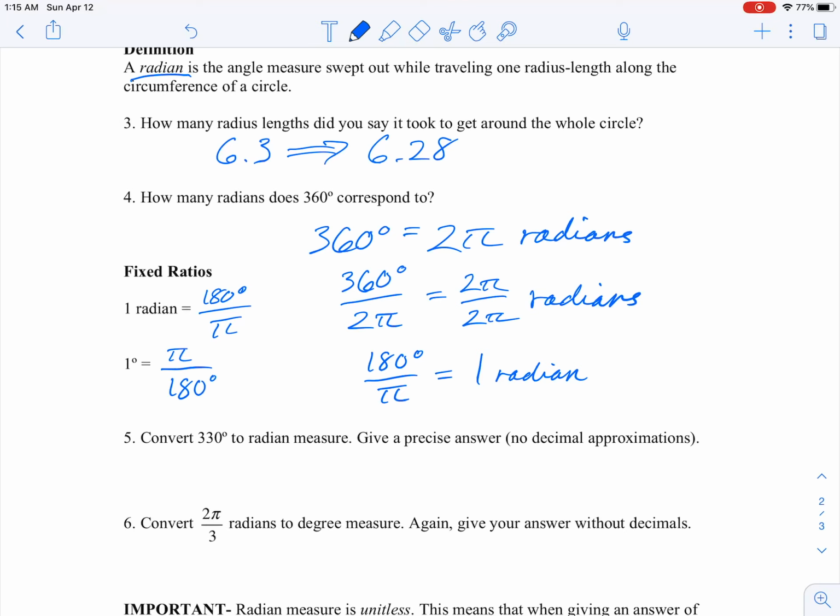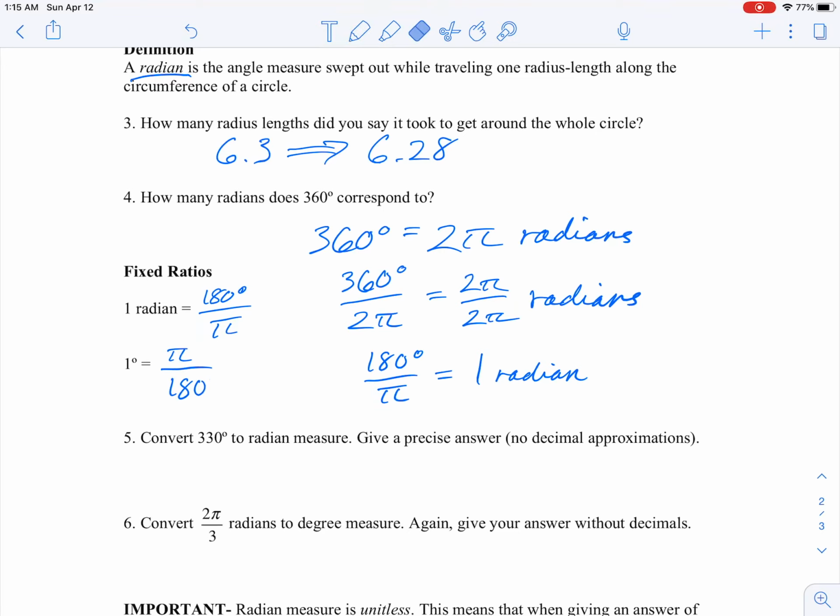Now, let's use these. I want to convert 330 degrees to radian measure. Give a precise answer, no decimal approximations. Oh, I have a slight typo.